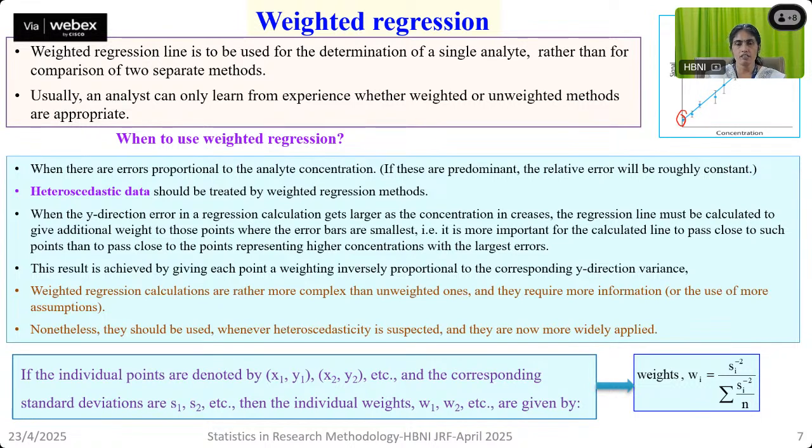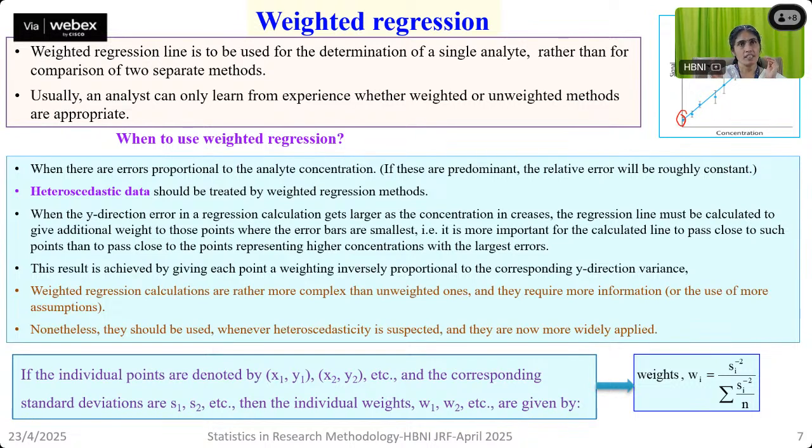Here in this weighted regression, what we do is, wherever the error magnitudes are relatively lower, you fit the curve in such a way that these points are more inclusive, and wherever the magnitude of the errors is more, those points get lower weightage.